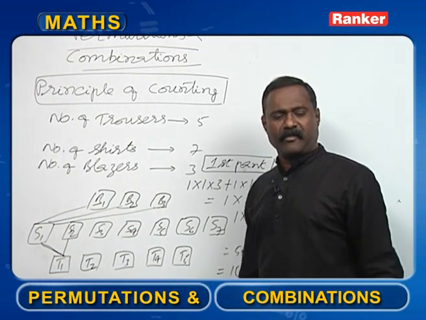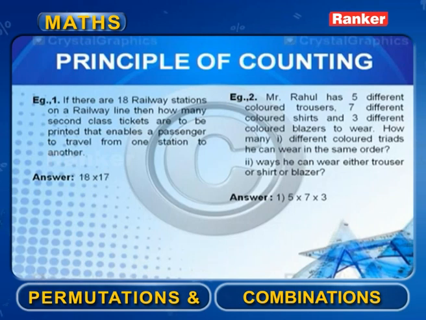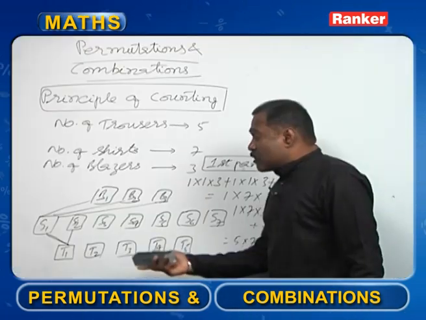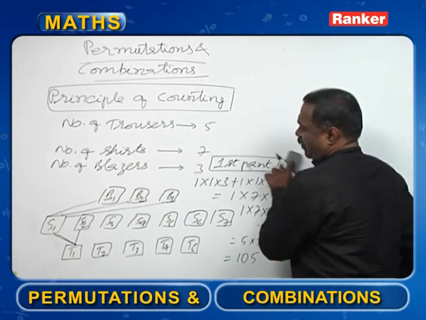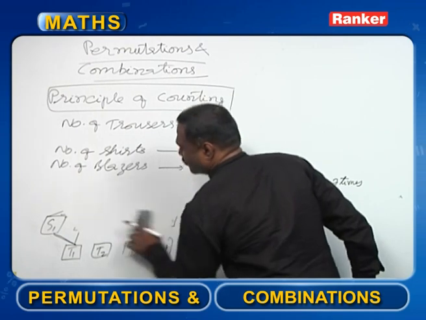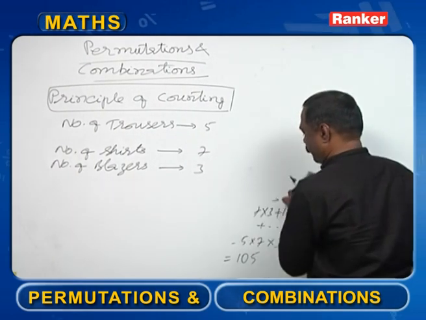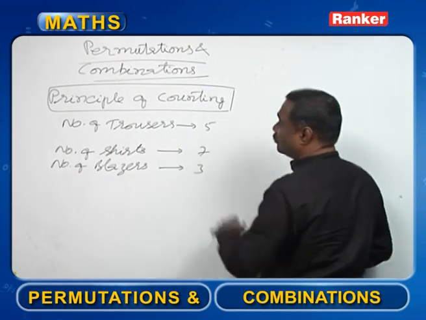But in the second case, it is either trouser or shirt or blazer. Now the first operation of wearing the trouser can be done in how many different ways? It can be done in 5 different ways. It is 5 only.